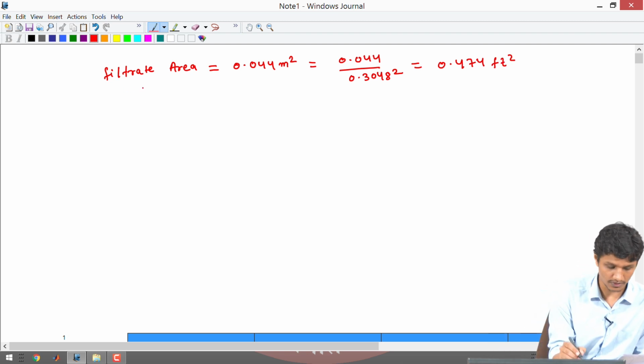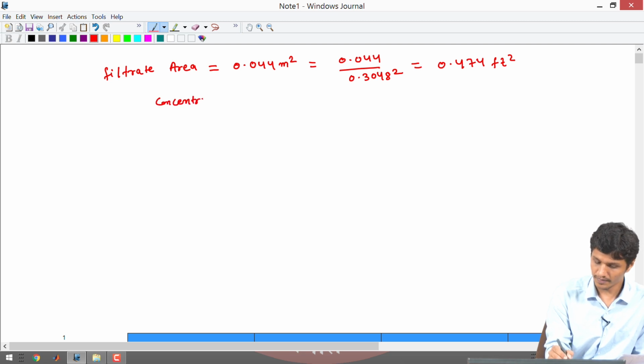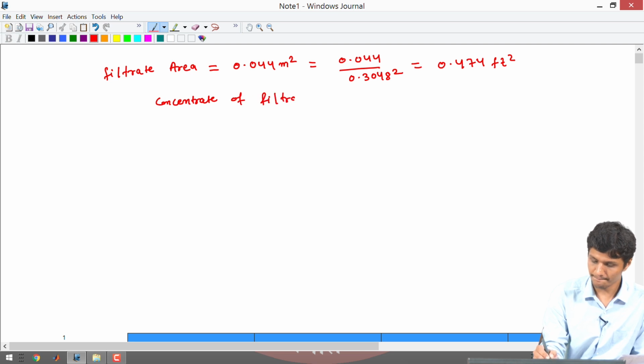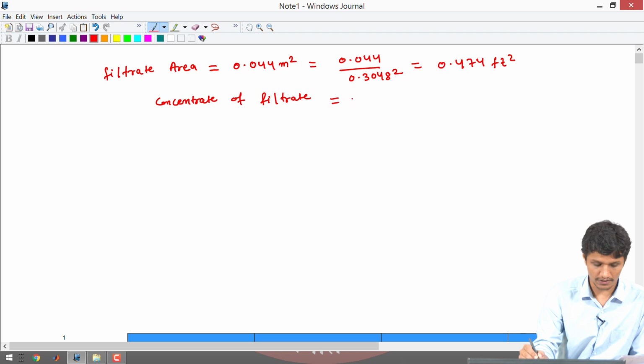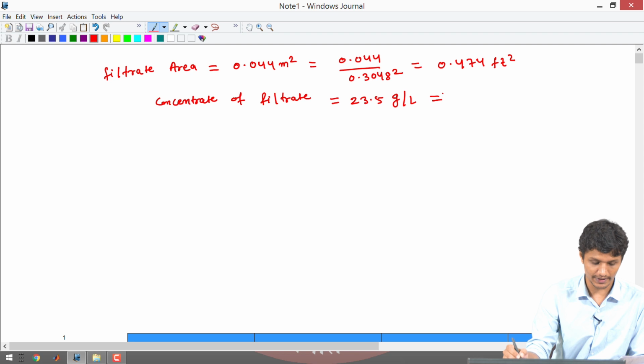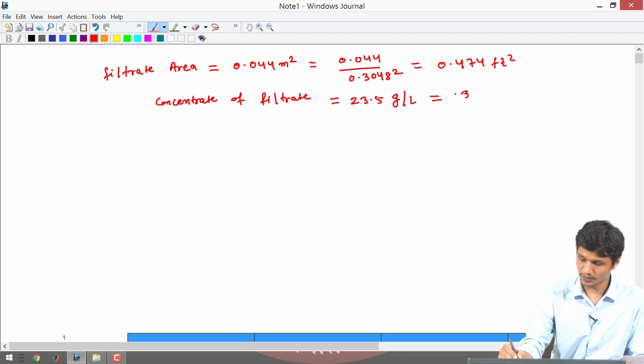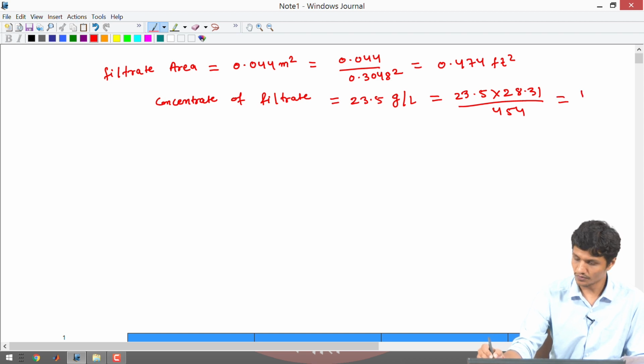Similar to that, the concentration of filtrate is given as 23.5 gram per liter. In FPS it will be 23.5 into 28.31 divided by 454, which is equal to 1.47 pound per foot cube.